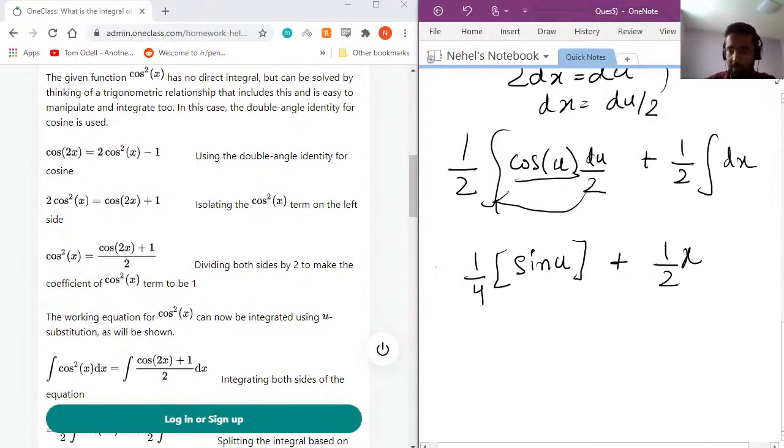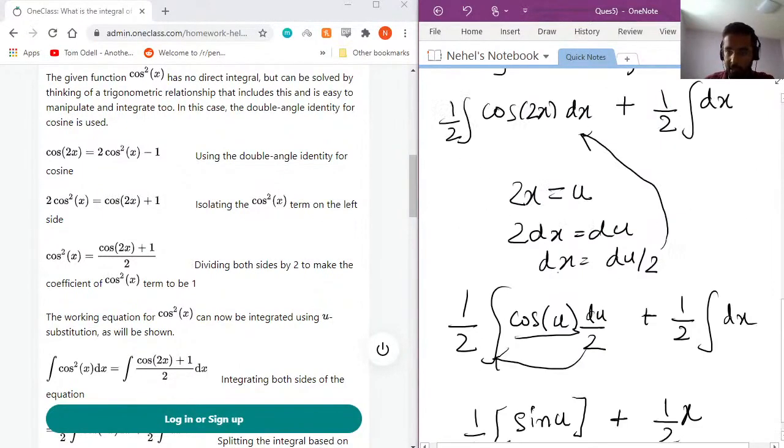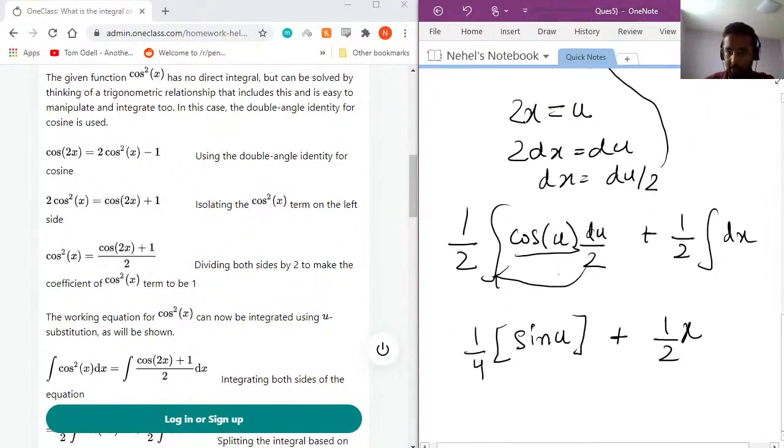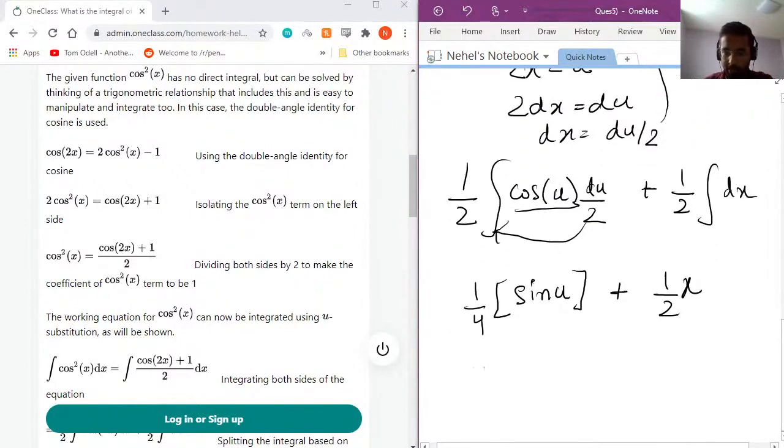Again, since we want our final answer in terms of x and not u, we can substitute back. We know that we set 2x equal to u, so if I substitute back, I will be left with 1 over 4 sin of 2x plus 1 over 2 x plus c, which is the constant of integration.